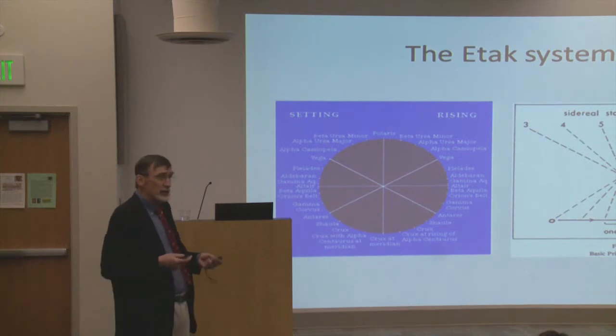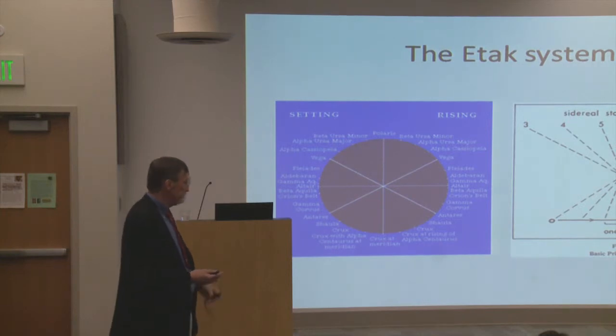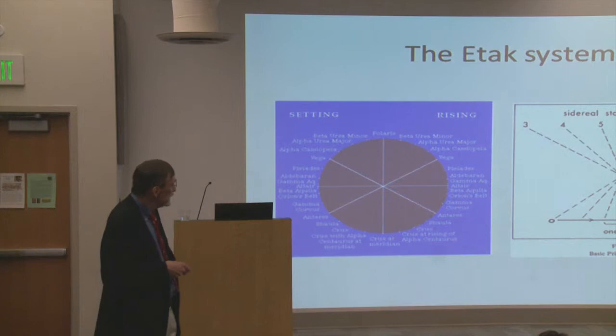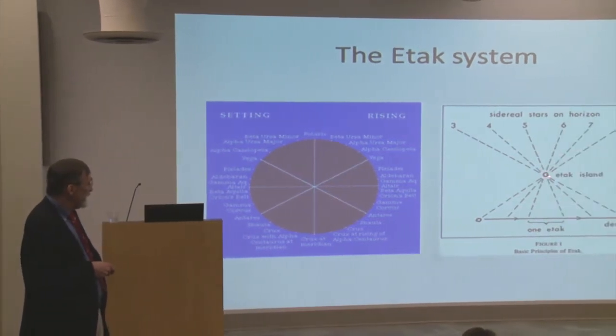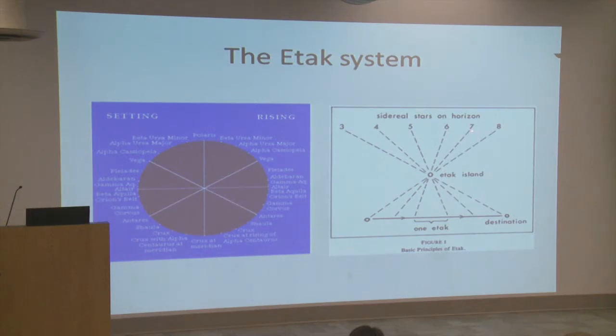But to navigate, you also need a system of tracking your progress. And this is the most interesting one. It's called the Etak System. And what they do is think of an imaginary island called the Etak Island. And they think of it as traveling across the horizon beneath these stars in the places where they set or they rise.